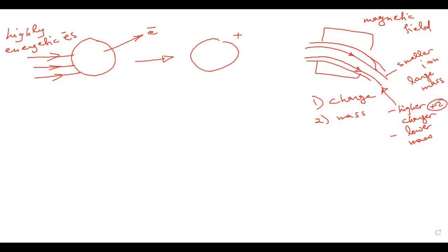So the higher charge, which is +2, and the lower mass will be deflected more than the larger ion having a +1 charge and the larger mass, which will be deflected less.